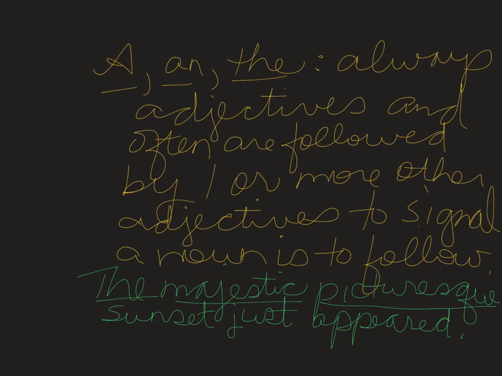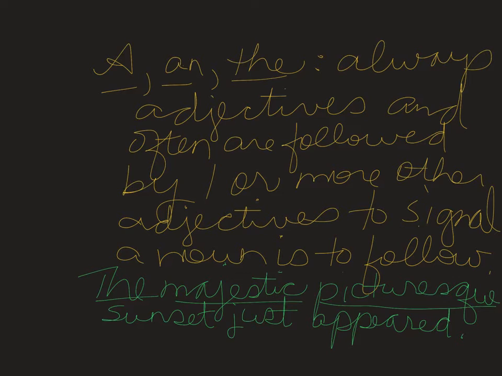All right, the words a, an, and the. I hesitated to even write these on here. I don't want to insult your intelligence. Just remember that these three words are called articles, and that all three of them are always adjectives, okay? Also, if you have a series of adjectives that comes before a noun, these are the signal words.